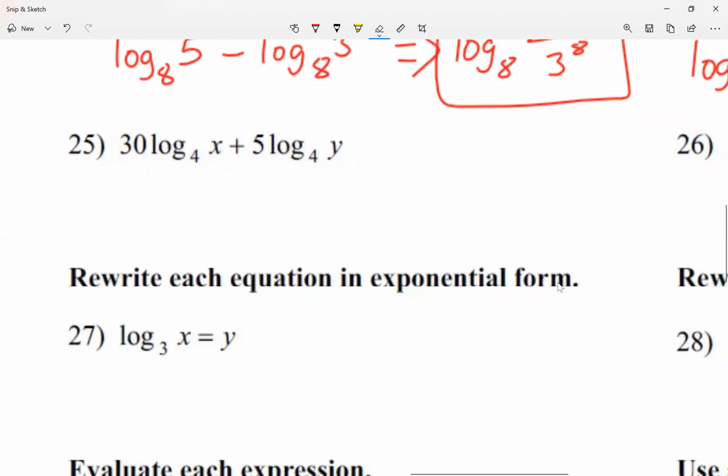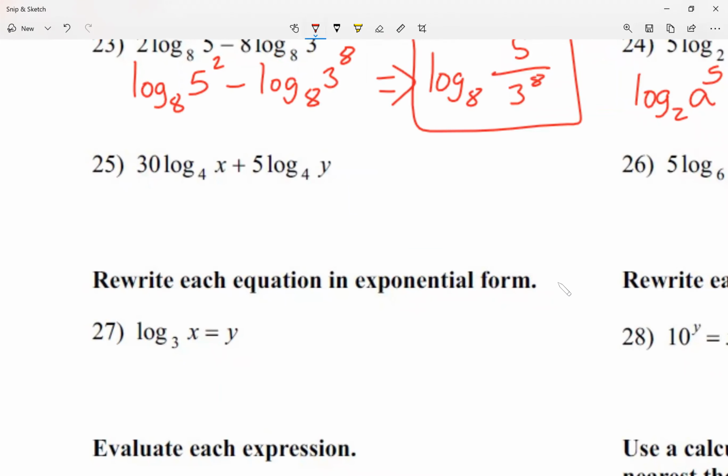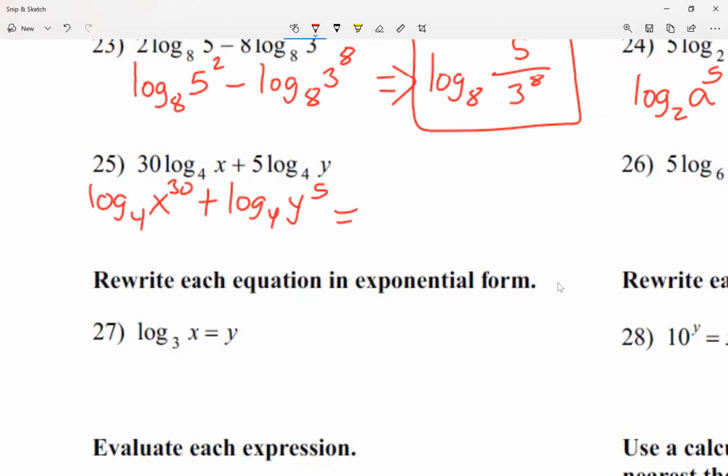Let's take a look at this one. I'm going to write this as log base 4 of x to the 30 plus log base 4 of y to the 5th. And I'm going to condense this as log base 4, right?